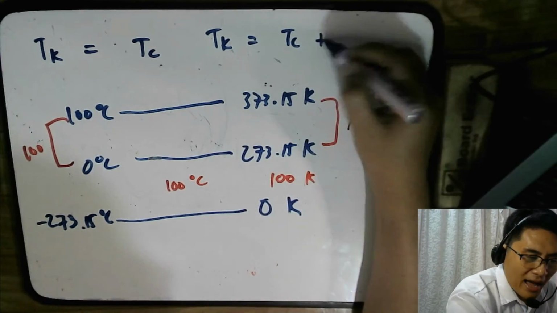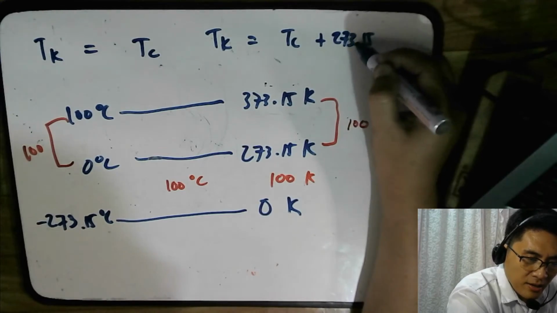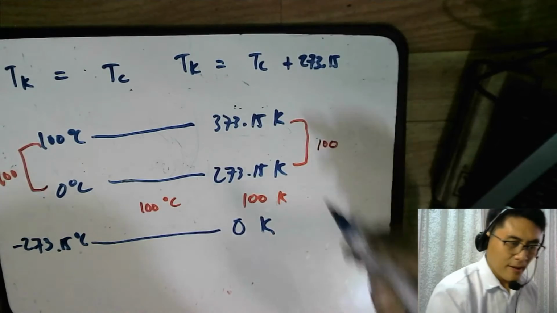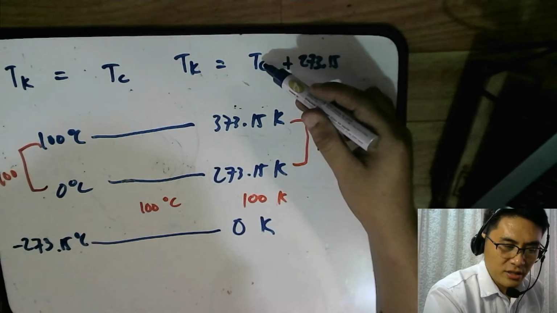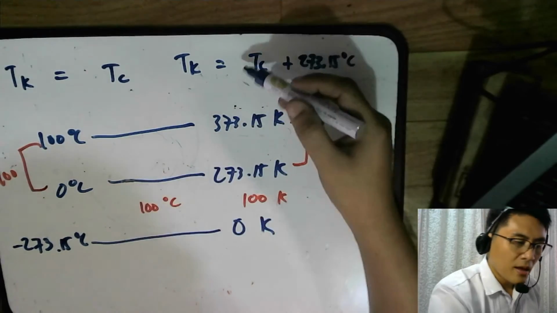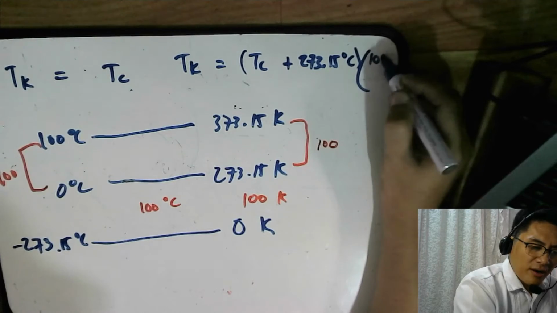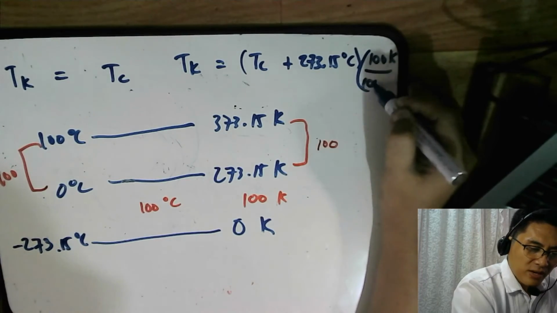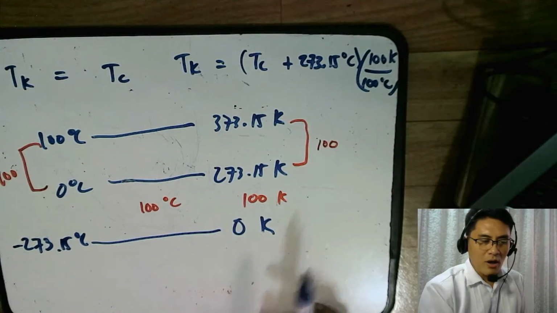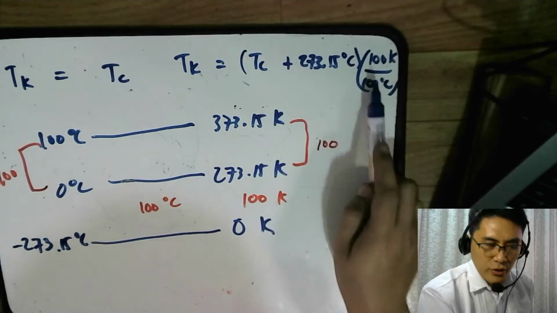So you have to add the 273.15 to it before you convert. But because this is in Celsius, what you add should be in Celsius. And then you multiply that with the conversion equivalent, which is 100 steps in Kelvin for every 100 steps in Celsius. So here you add the disadvantage first before you convert.